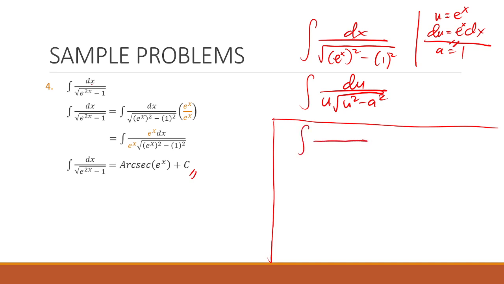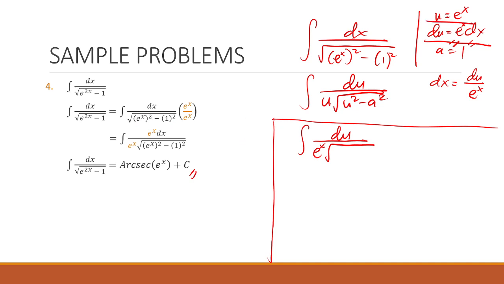Initially, we have dx, and then from our substitution, dx coming from this equation is what? du divided by e raised to x. Okay, square root of e raised to x raised to 2, where e raised to x is u.